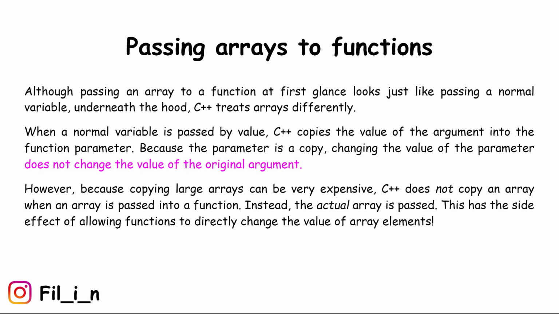However, because copying large arrays can be very expensive, C++ does not copy an array when an array is passed into a function. Instead, the actual array is passed. This has the side effect of allowing functions to directly change the value of array elements.